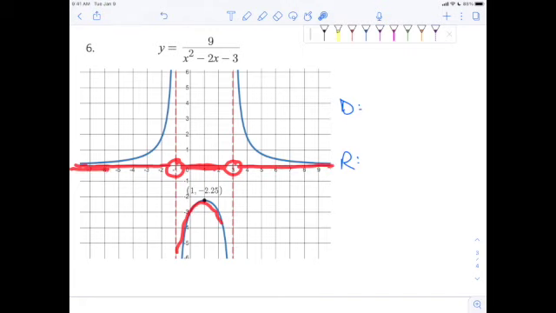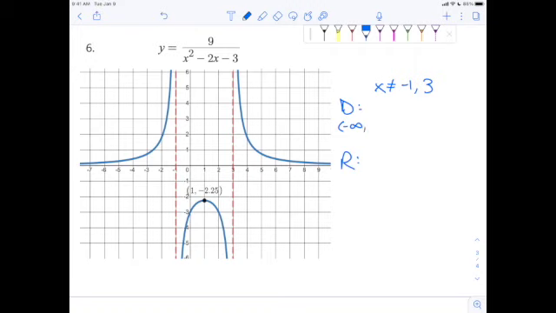So all real numbers except for these 2 individual values, everything in between, everything to the left, everything to the right. You're basically just saying any x value other than -1 or 3 is good. So how do I describe that with interval notation?